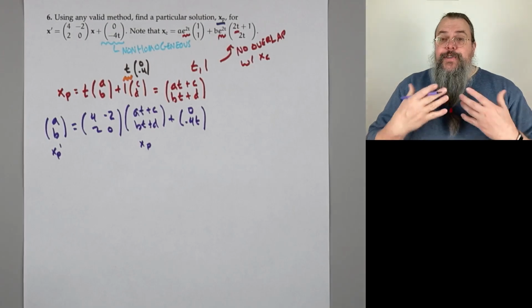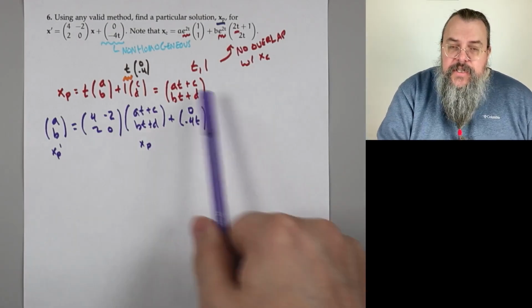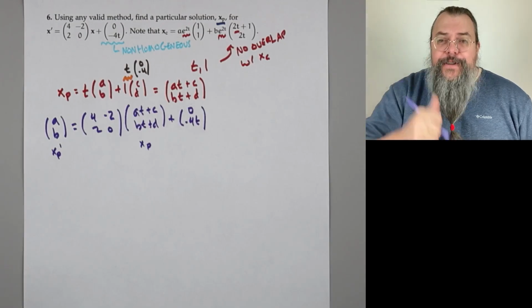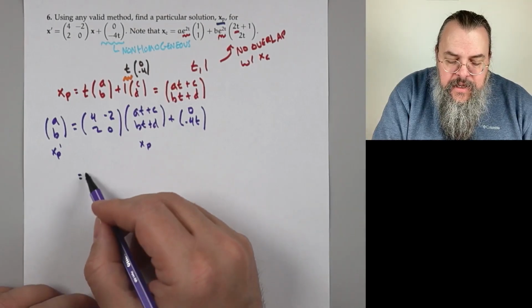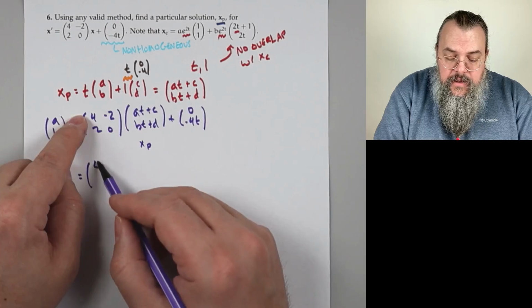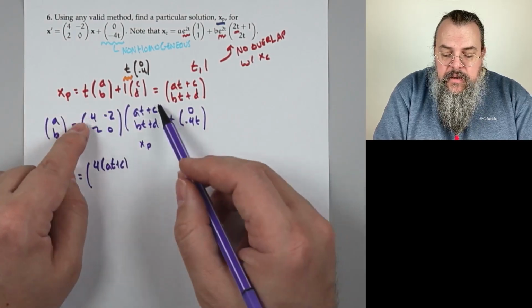Okay, so now we're going to clean it up. In particular, we're just going to put all of that right-hand side into one vector. So let's do that. We'll do this slowly so we don't make a mistake.